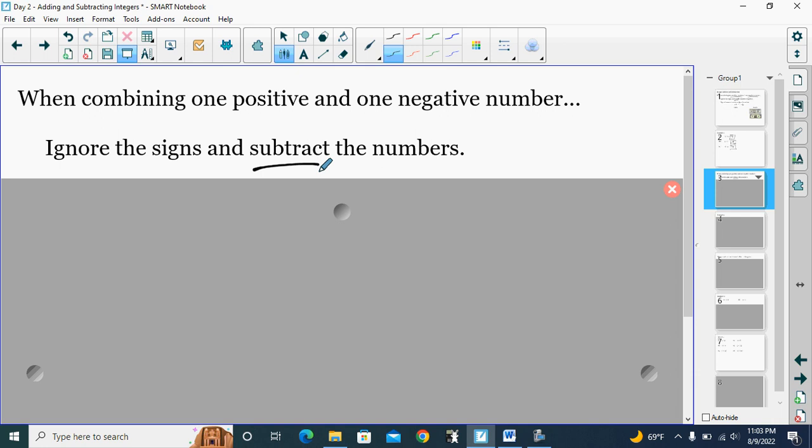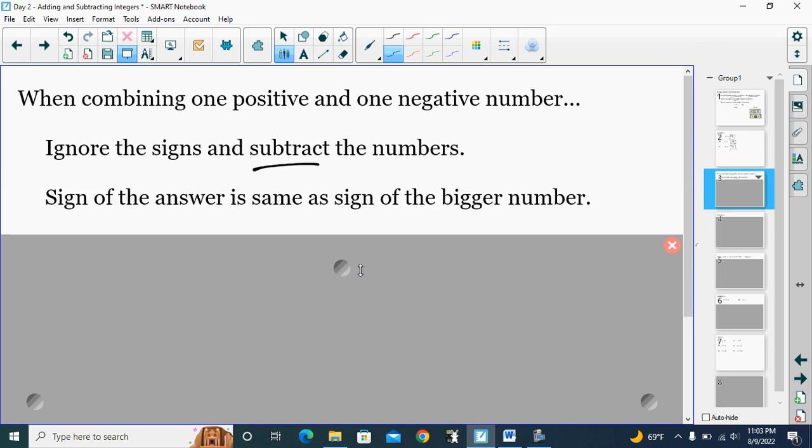We're just going to take the bigger number minus the smaller number. And then the sign of the answer is the same as the sign of the bigger number. So if the bigger number was positive, your answer is positive. If the bigger number is negative, the answer is negative.